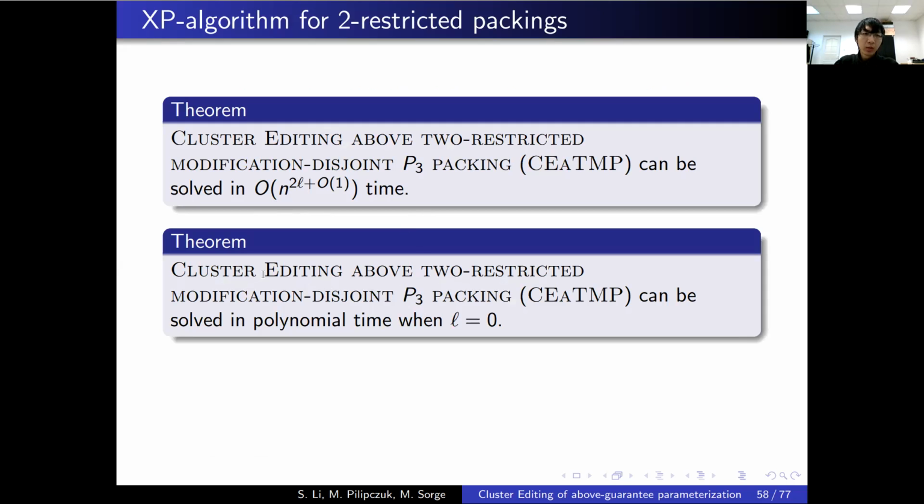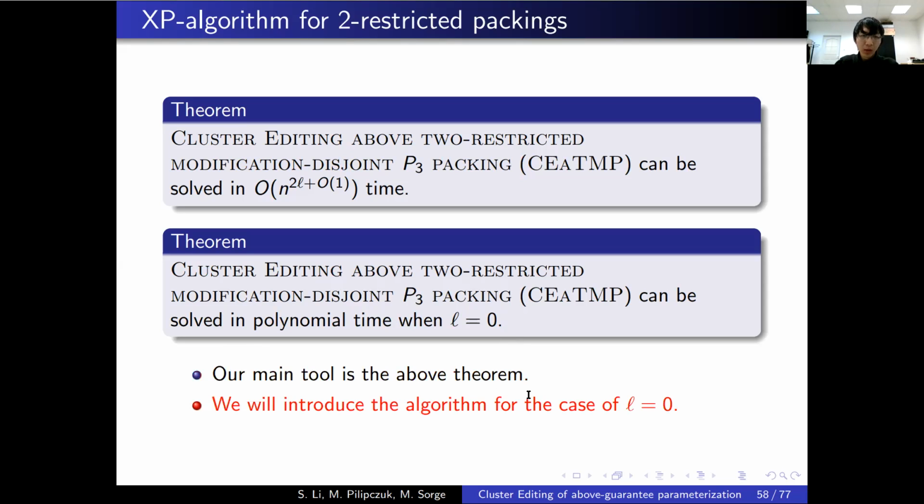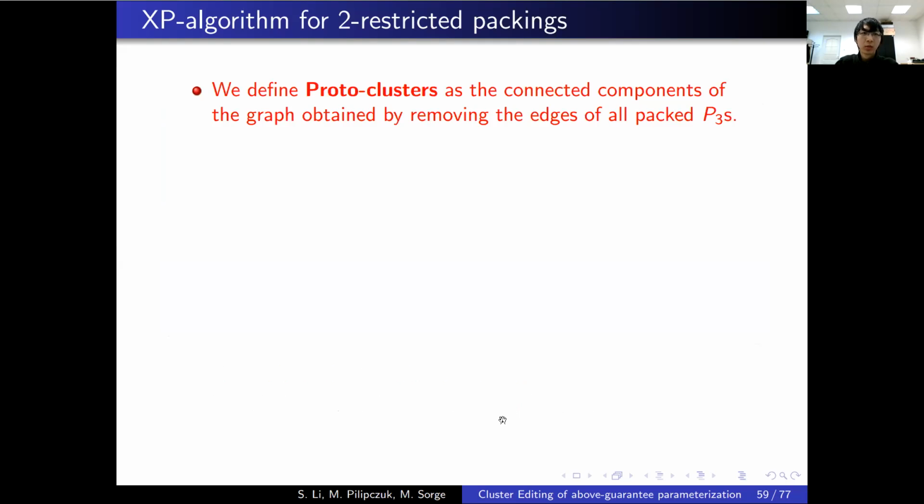The main ingredient in this XP algorithm is that we show that CEATMP can be solved in polynomial time when L equals 0. And next, we will introduce the algorithm for the case of L equals 0.